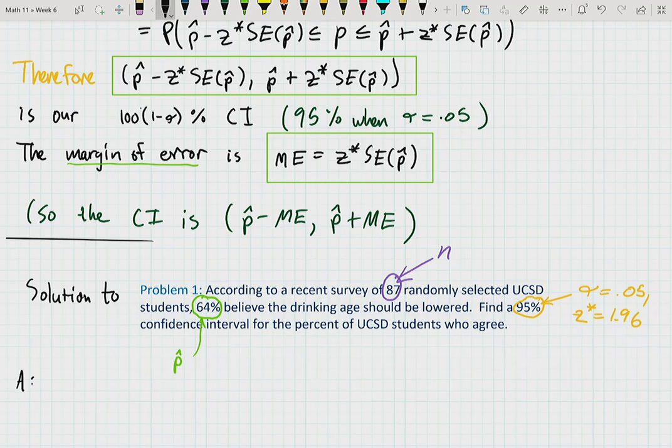So the margin of error for our estimate is Z star times the standard error.